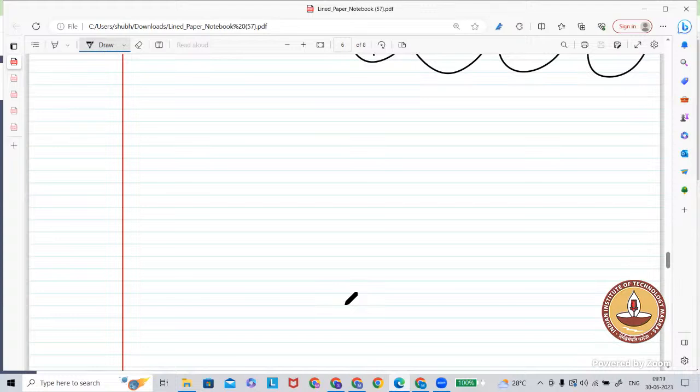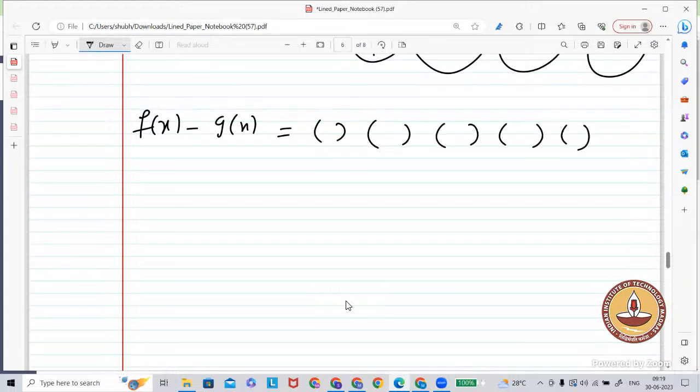Once you find f of x minus g of x, whatever expression you get, you need to factorize it. Once you factorize, at those points it gives 0, that means at those points the curves intersect, or you can say at those points the value is the same.